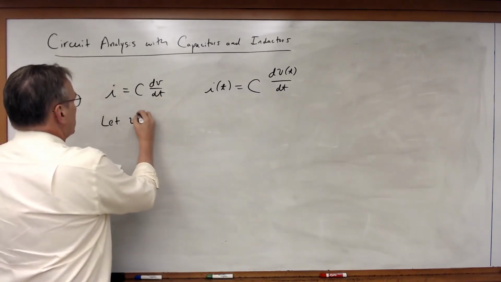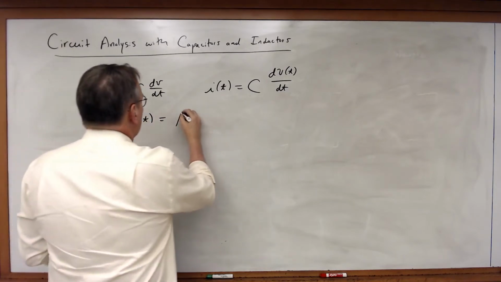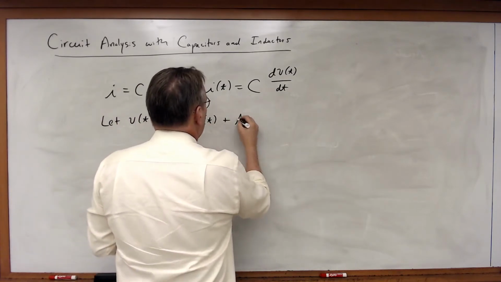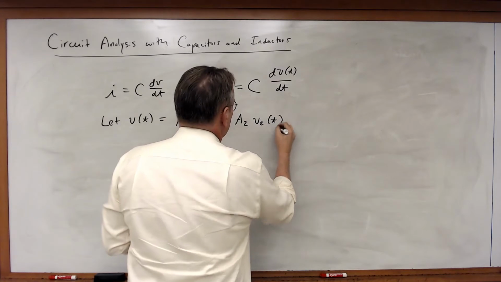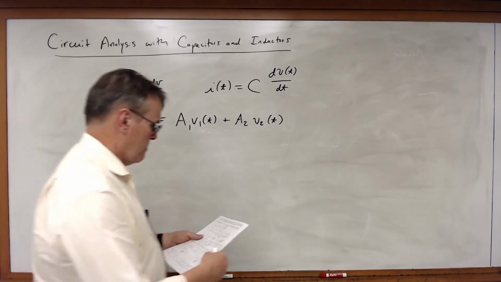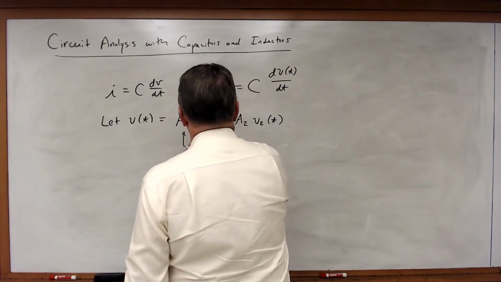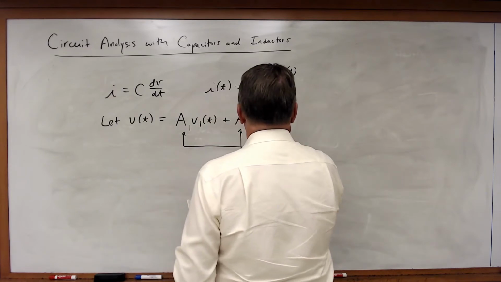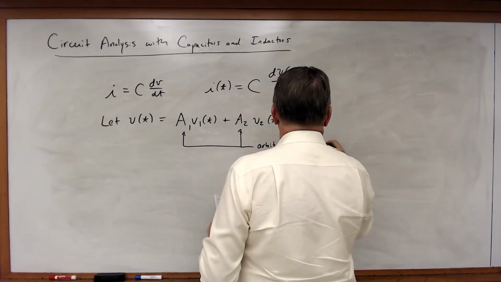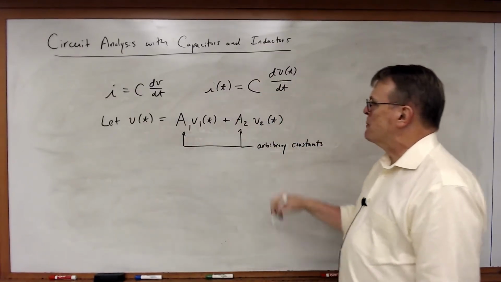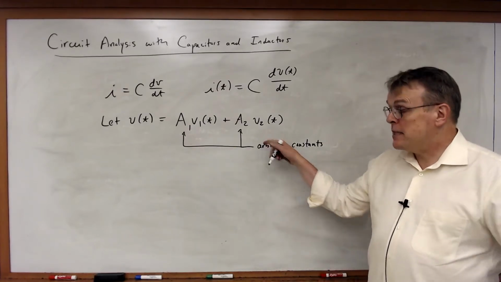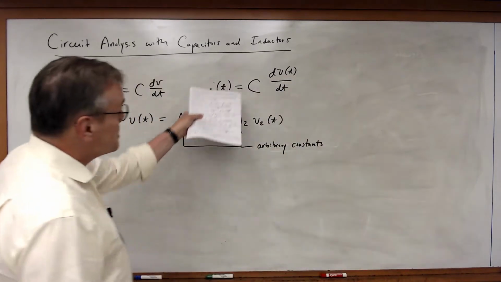Let's let v(t) equal A1 times v1(t) plus A2 times v2(t), where A1 and A2 are just arbitrary constants. In other words, I'm saying that v(t) is the superposition of two different voltages. That's exactly how I'm expressing this. Okay, so let's take that and plug this into that equation.